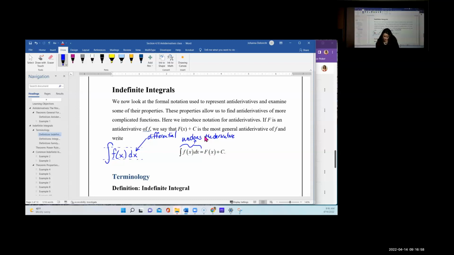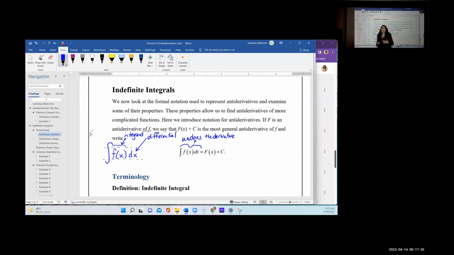This f of x part right here has a name as well. It's called the integrand. All right. It's common in mathematics to stick an AND or an END on the end of the basic word in order to define what's inside. So when we're talking about subtraction, we have a subtrahend.